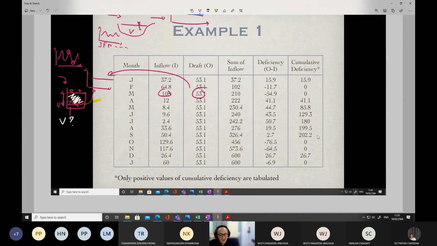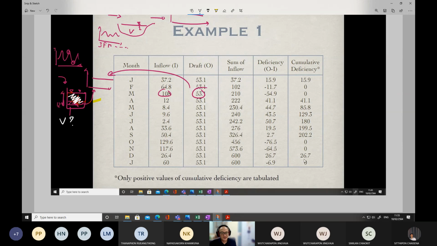In this table, we can see the maximum cumulative deficiency. According to this column, there are 3 cumulative deficiencies we obtained. 15.9, that is one. 202.2, that is the second cumulative deficiency.